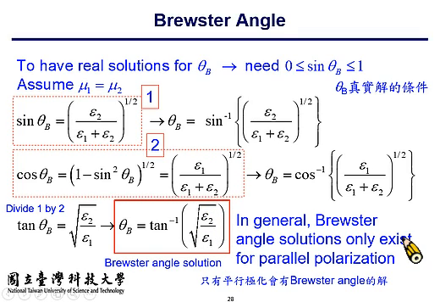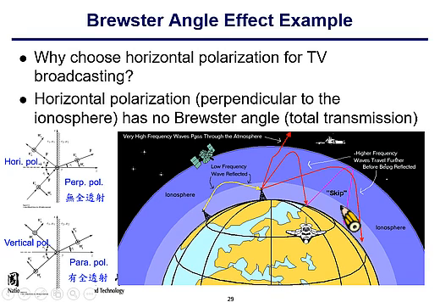Okay, so as long as epsilon 1 is not the same as epsilon 2, you will have a Brewster angle for parallel polarization. So in general, only the parallel polarized wave can have a Brewster angle. Only parallel polarization has a Brewster angle solution. So what is it used for?